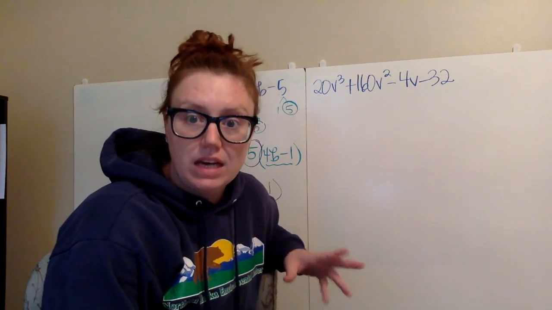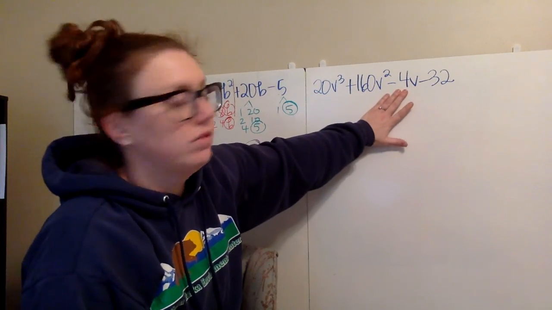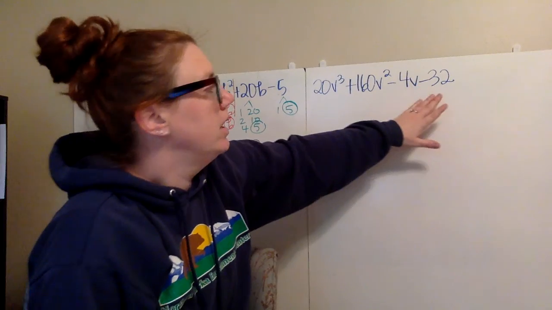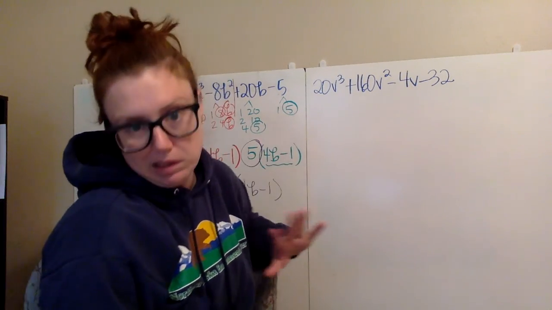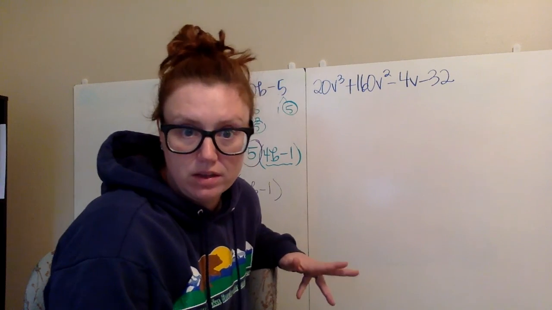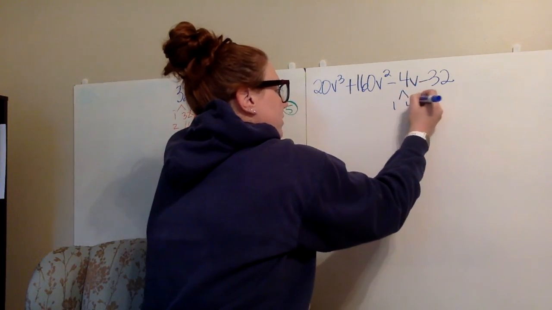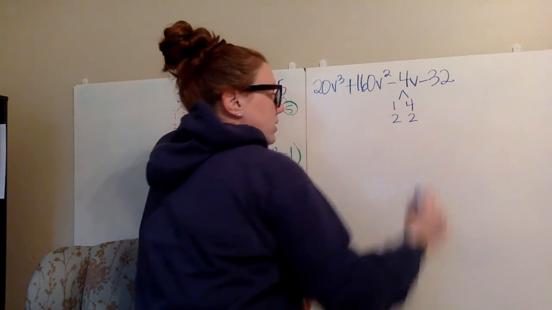So make the list of factors, look for the factors of the smallest value. So I have 20, 160, 4, negative 4, and 32, negative 32. But when we look at factors, we're just looking for the positive value of the factors. So this is 1 and 4 and 2 and 2, right?